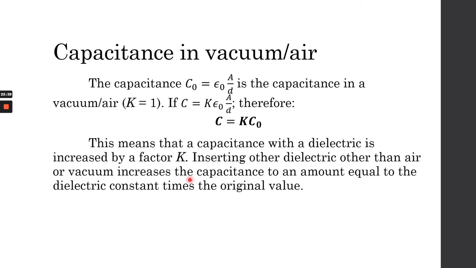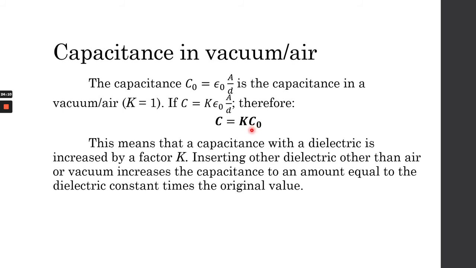So this means that the capacitance with the dielectric is increased by a factor K. Inserting a dielectric other than air or vacuum increases the capacitance by an amount equal to the dielectric constant times the original value. So this is a very general relationship between the dielectric and the capacitor.